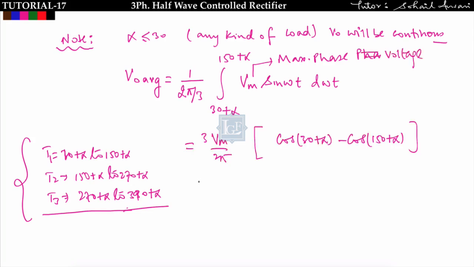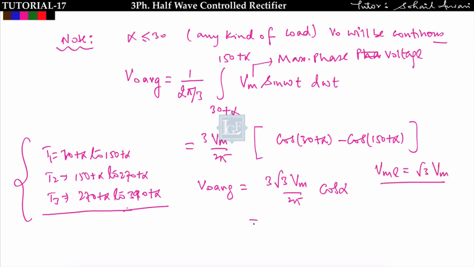After solving this I will get V0 average equal to 3 root 3 Vm upon 2 pi into cos alpha, where Vm is the maximum phase voltage. We know the relation between maximum phase voltage and maximum line voltage: maximum line voltage VML is equal to root 3 times the maximum phase voltage.